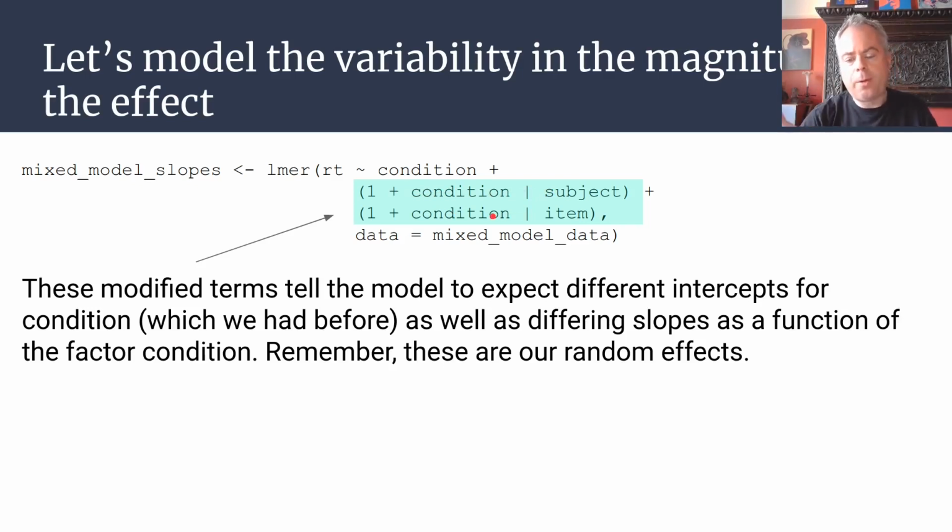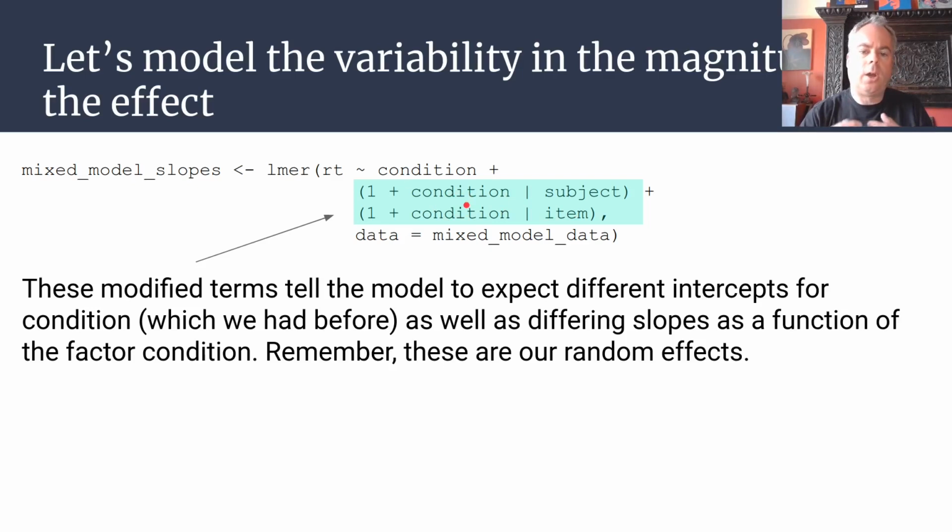What these modified random effects terms tell the model to do is expect different intercepts, which is what we had previously, but also expect the slope, in other words, the difference between our experimental conditions, to differ for subjects and for items as a function of our experimental manipulation.